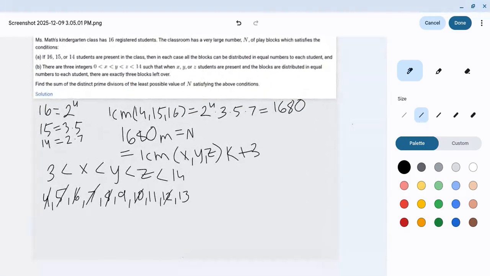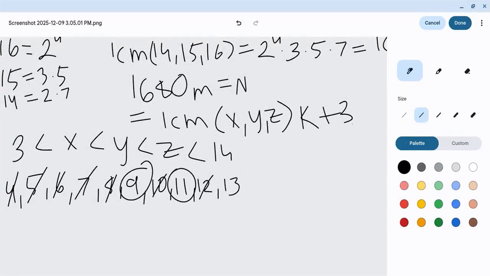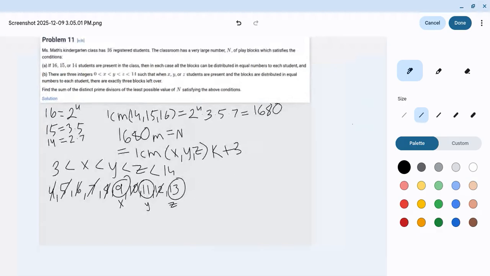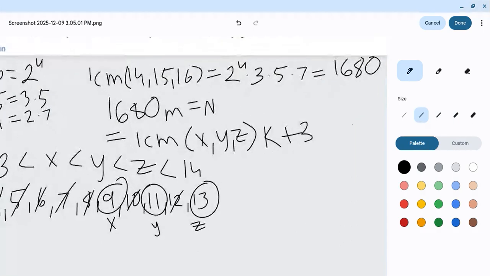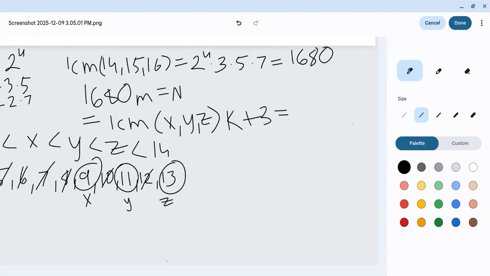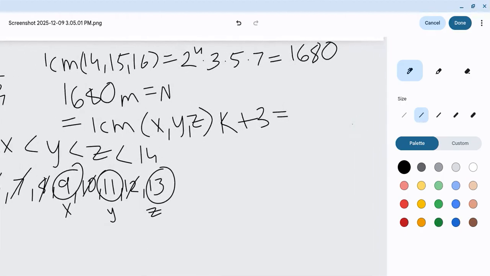Now we only have 3 numbers left, and these will be x, y, and z, respectively. So now we have our values for x, y, and z. That means our LCM will be 9 times 11 times 13, which is 1287.